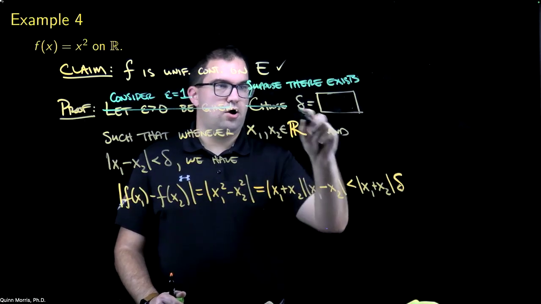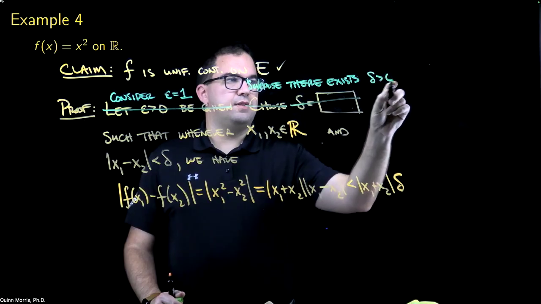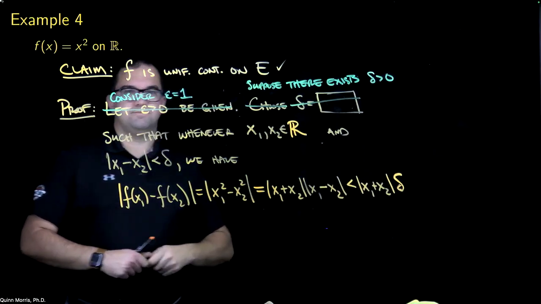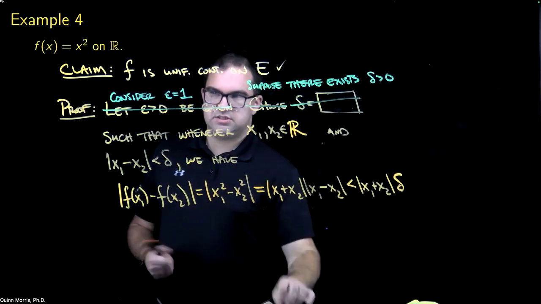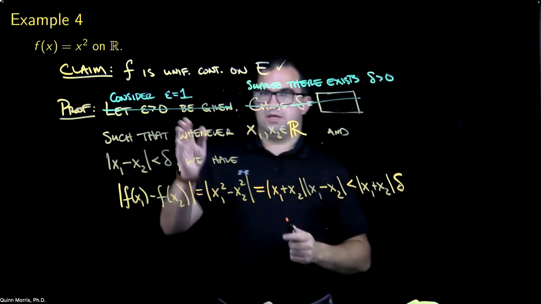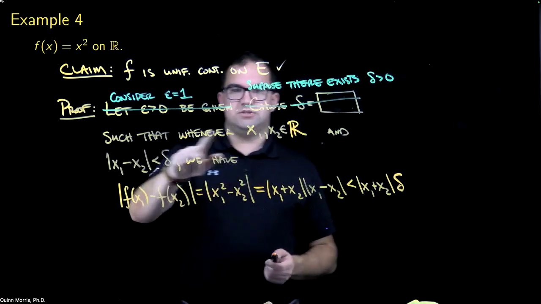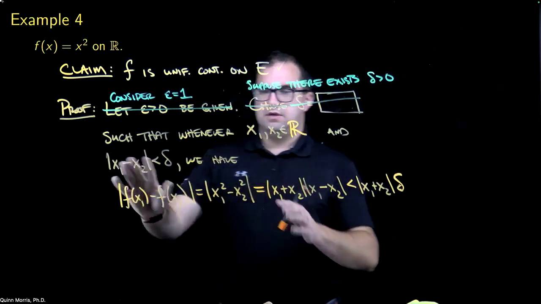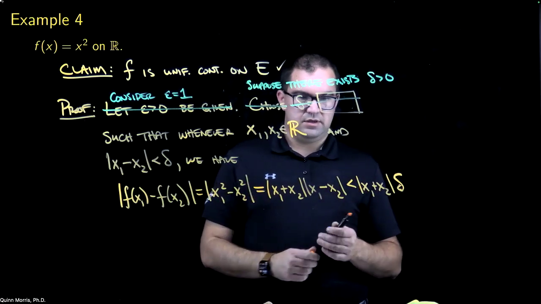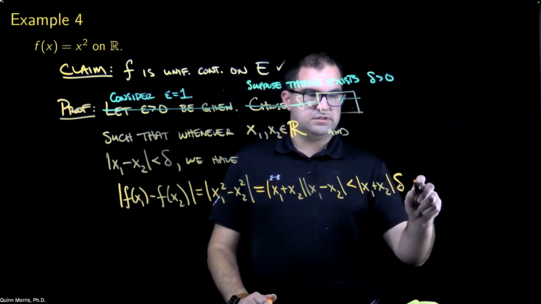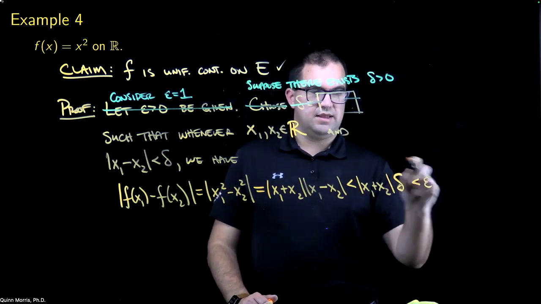All we know is that there's some delta greater than 0 that works. Imagine that we had epsilon equal to 1 and suppose there exists a delta greater than 0 such that whenever this happens, then we still have all this, and this difference is less than epsilon.